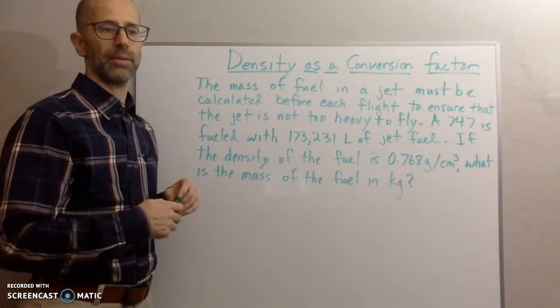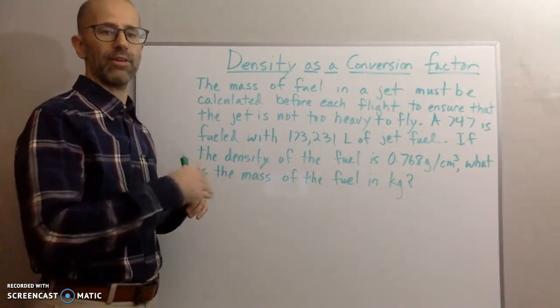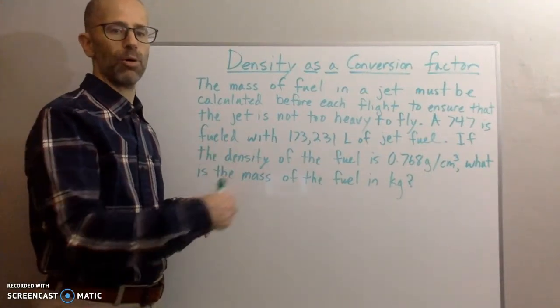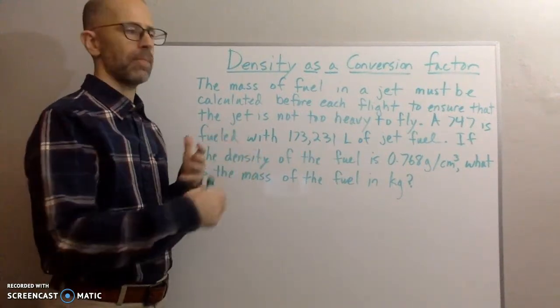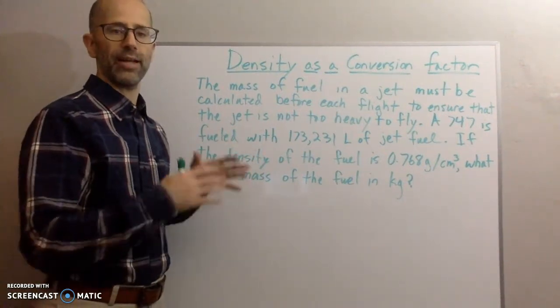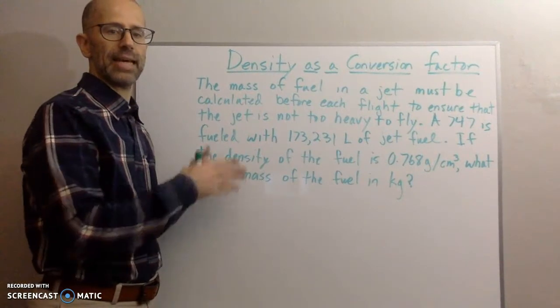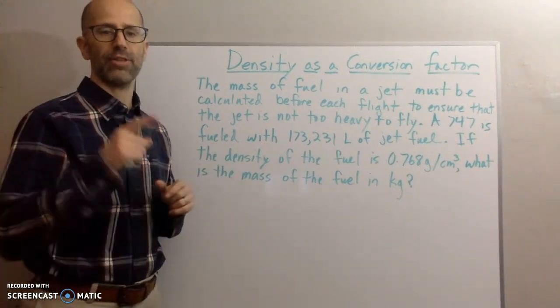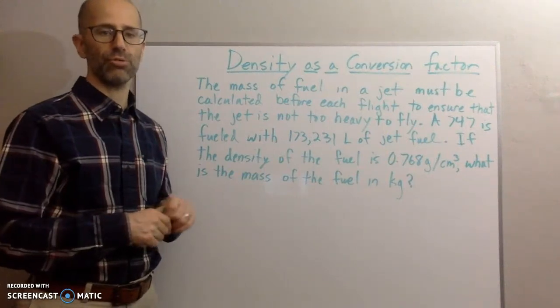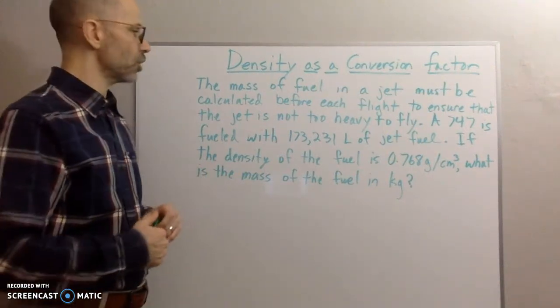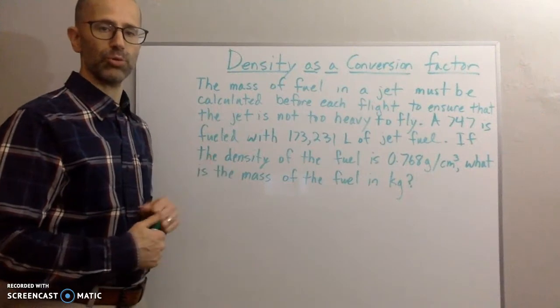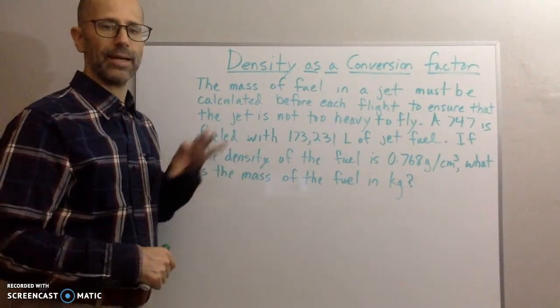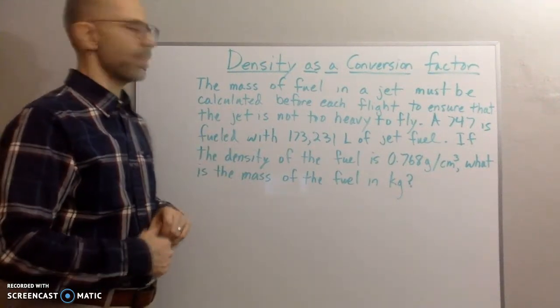A lot of times they'll say things like miles per hour, grams per milliliter. Anytime they say something per something, that is a conversion factor. That is a relationship that you can use to convert. So the first thing you want to do is pull out those relationships and ignore everything else.